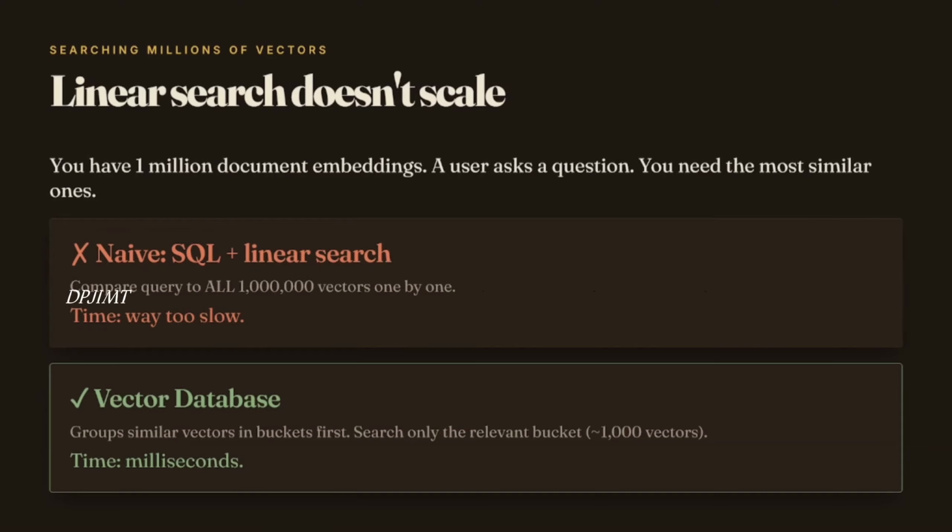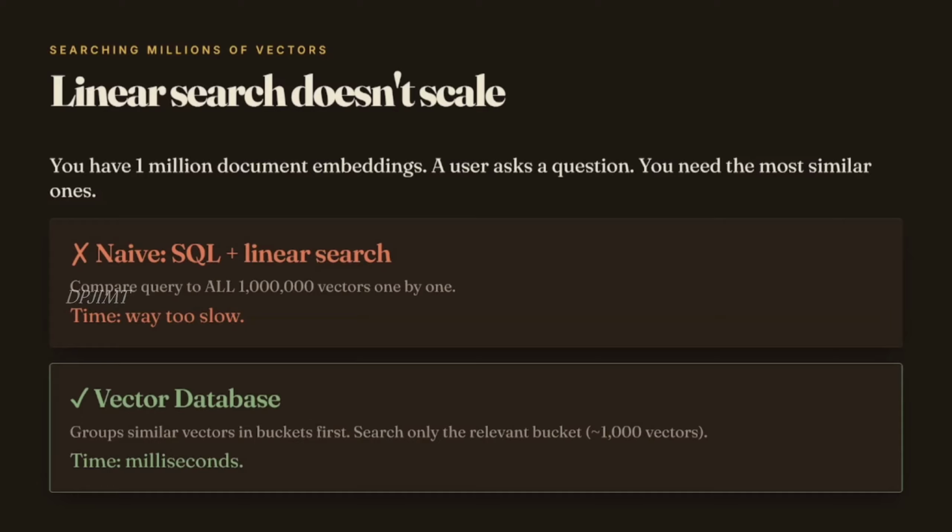Now, when you're building a real AI application, you might have millions of these embedding vectors to search through. And that is where vector databases come in. In a naive approach, we store embeddings in a regular SQL database and do a linear cosine similarity search. This falls apart at scale.